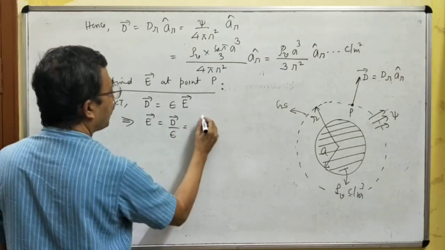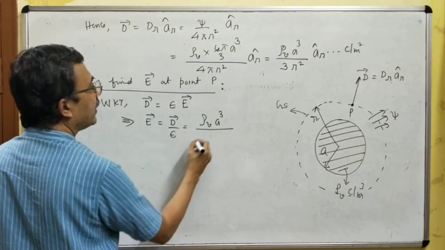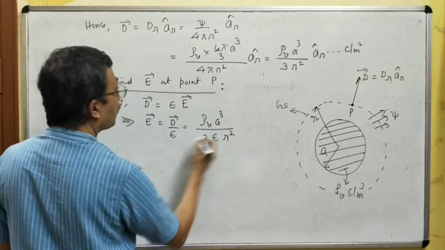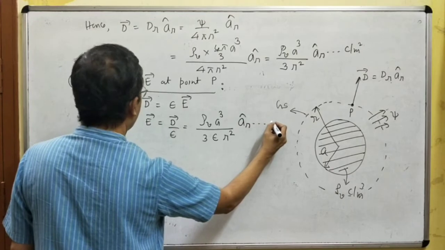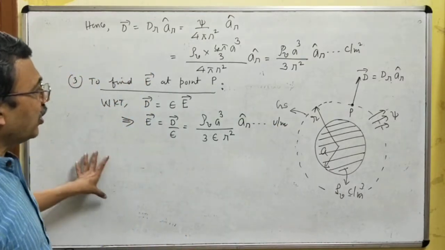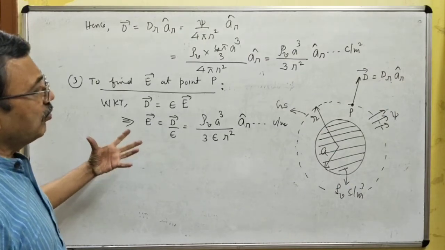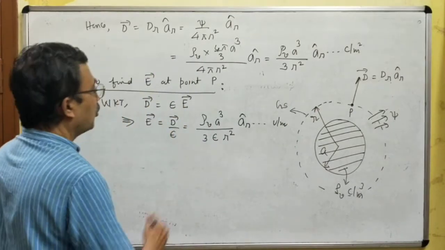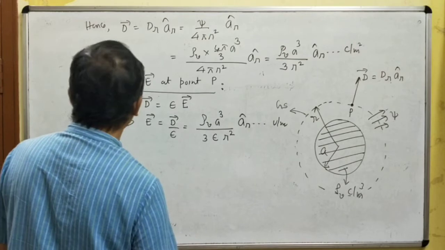This is the relation rho v into a cube divided by 3 epsilon into r square, a_r cap. So many volts per meter. Epsilon is what? Epsilon naught into epsilon r. Epsilon r is 1 if point P is in free space or air. So vector E is rho v into a cube by 3 epsilon r square a_r cap volts per meter.